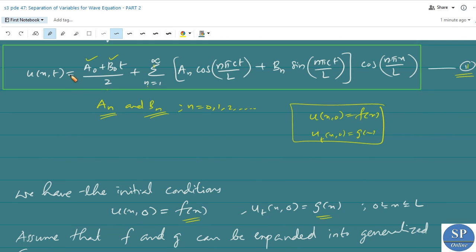Differentiating our solution with respect to t, we have u_t is nothing but B_0/2 plus the summation n from 1 to infinity.